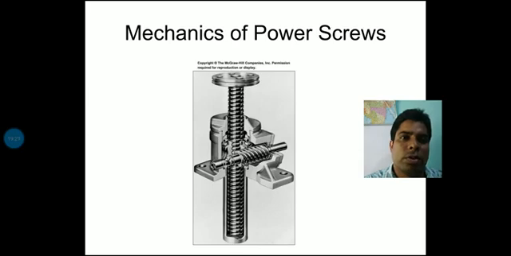If you rotate the spindle, the rotational movement is converted into linear movement. This figure is copied from the Tata McGraw-Hill book, and it is a typical figure of this book, and the power screw functions in the above mentioned mechanism.